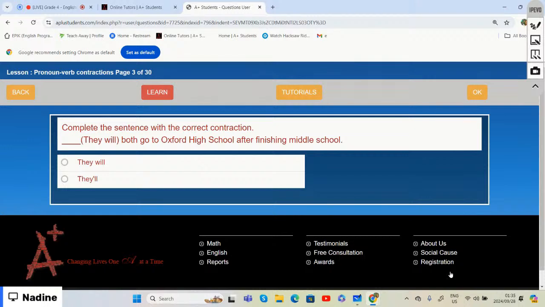So is it option one, they will, or option two, they'll?